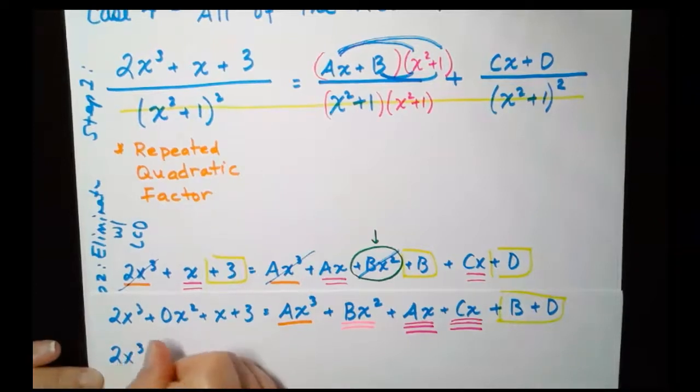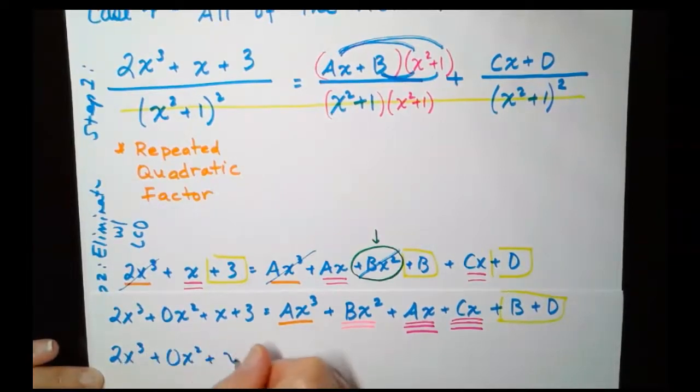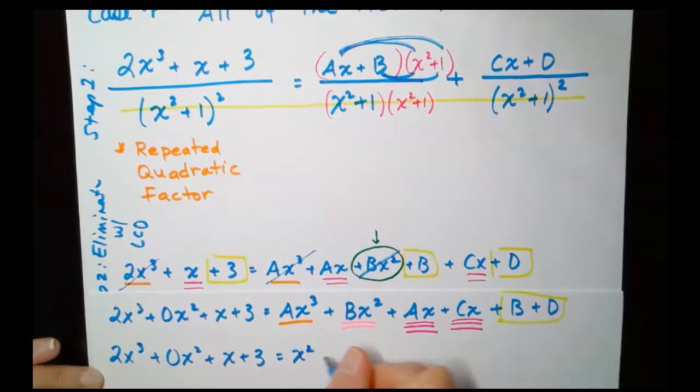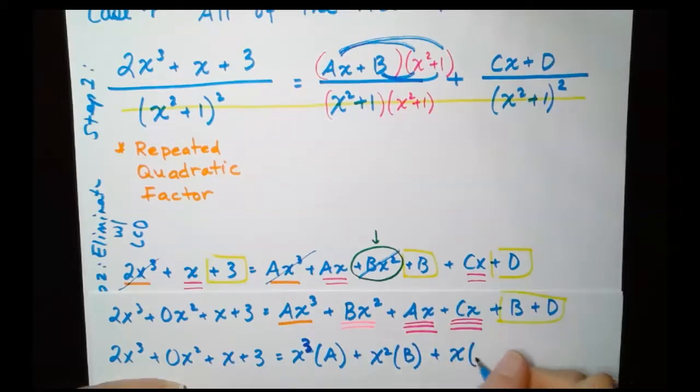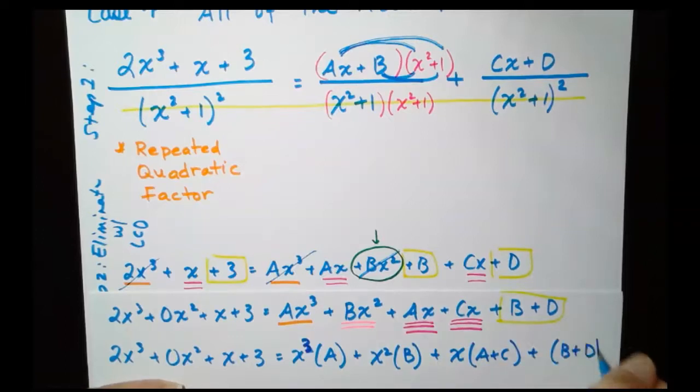I'm showing every step. So factor out the x². Don't really need to do that. There's really only one x² term, and that is a 3. Forgot the x, we have a plus c, and then finally b plus d.